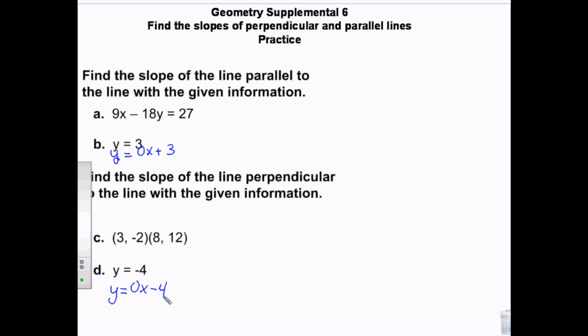Now for these, I need to put them into slope-intercept form. So first I'm going to move that 9x over, then I'm going to divide everything by negative 18.